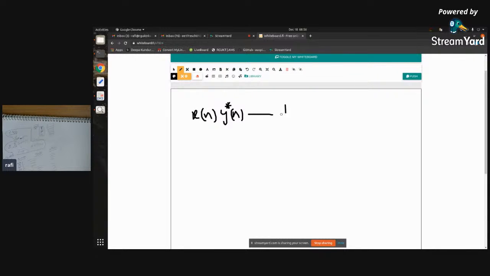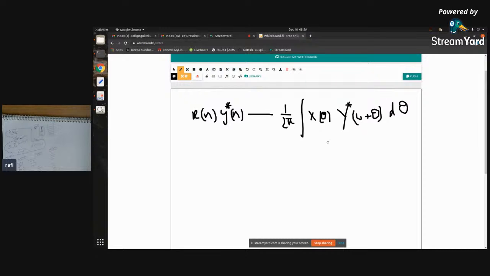So this is 1 by 2 pi integral x of theta y star of omega minus theta, okay, this will be minus omega plus theta d theta, because we have taken y star here, so the Fourier transform becomes y star, and theta should become minus theta, so this will be plus theta.